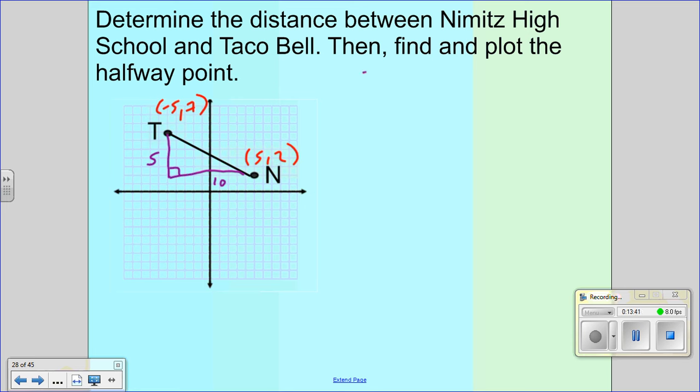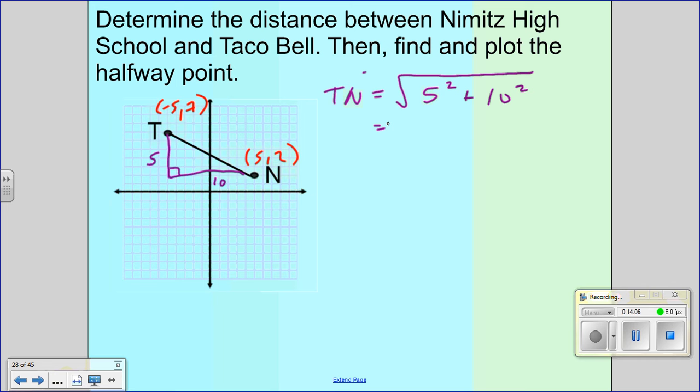So to find the distance using this method, you would use the Pythagorean theorem. Do you remember the Pythagorean theorem? Well, here's the shortcut. You still have to have the square root symbol, but you're going to take 5 squared plus 10 squared.